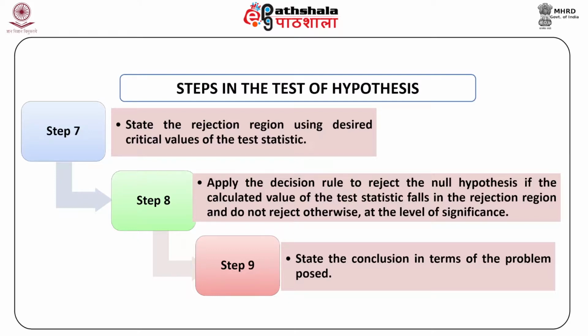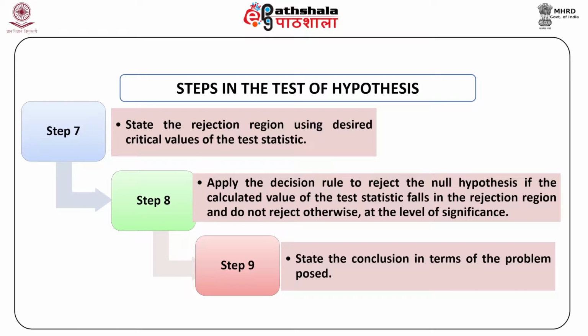Let me elaborate and mention the next step, which is step 8. Apply the decision rule to reject the null hypothesis if the calculated value of the test statistic falls in the rejection region, and do not reject otherwise at the alpha level of significance, where alpha is the level of significance.